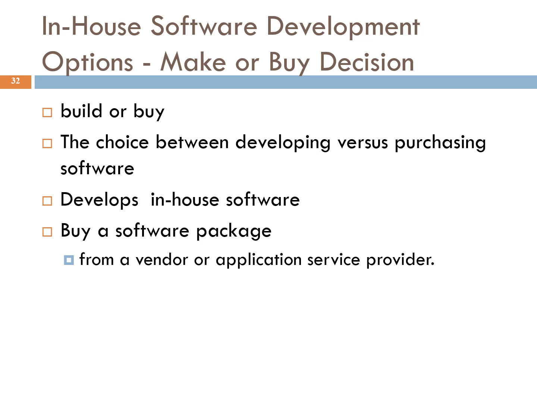Yeah. So do you want to make the software, produce the software yourself, or do you want to buy the software? This is also called build or buy. The choice between developing versus purchasing software: develop in-house software or buy a software package.